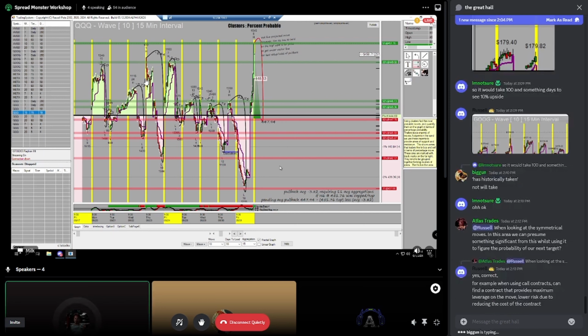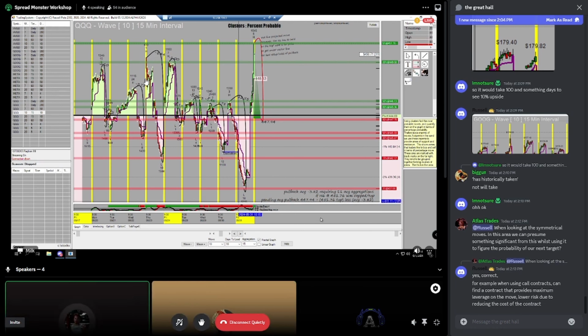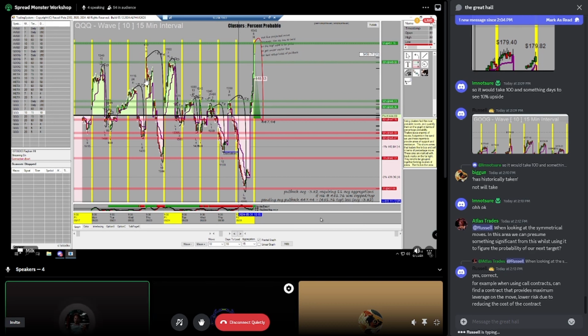Now the most important one we can use is the standard deviation. Can you please maximize the standard deviation for me? Like the standard deviation down there. Yes, this. Can you please click and maximize it?